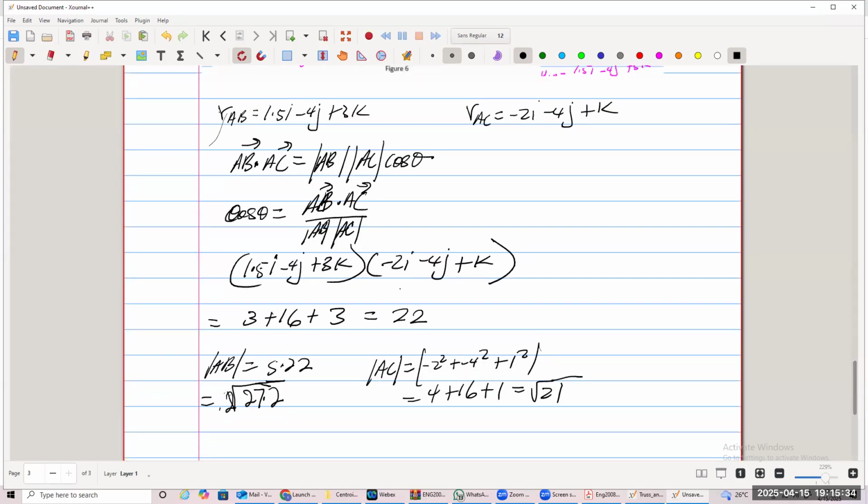So cos theta is going to be equal to 22 upon root 27.2 times root 21. And guess what? Root times root is 1. You remember your indices? So you could work them out the same way.